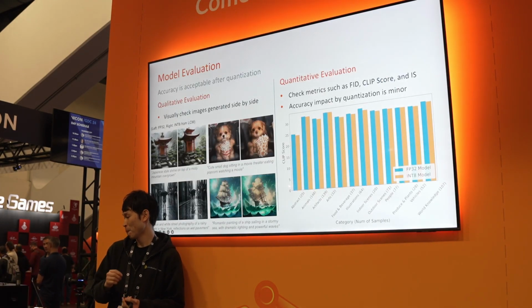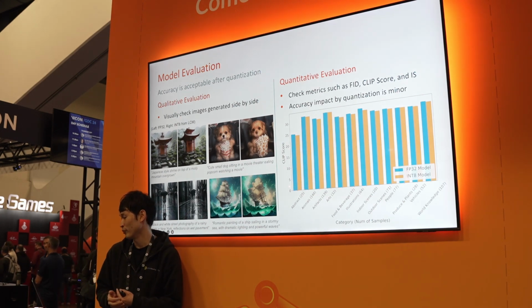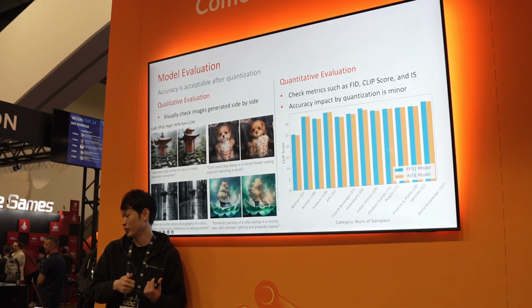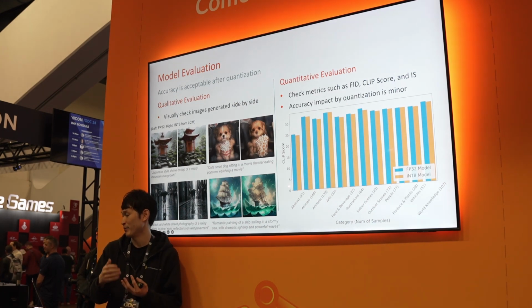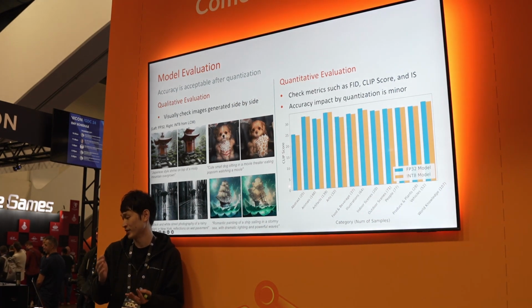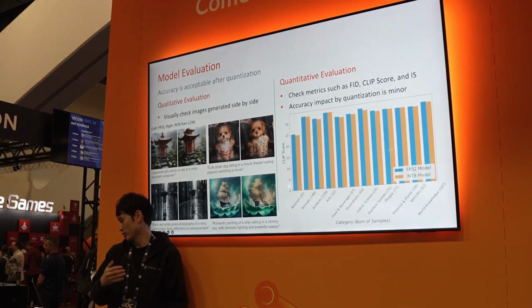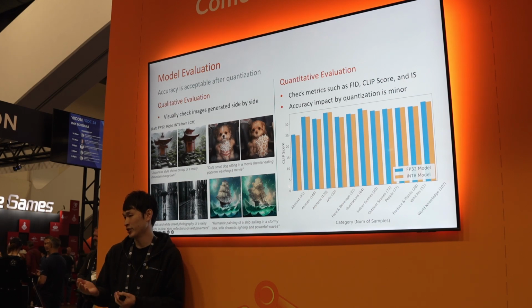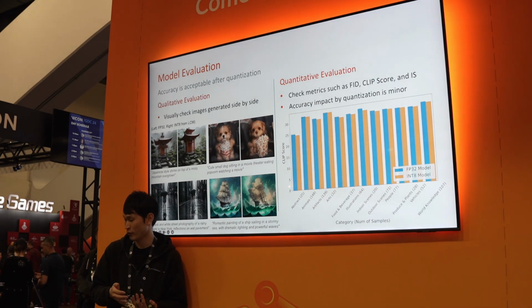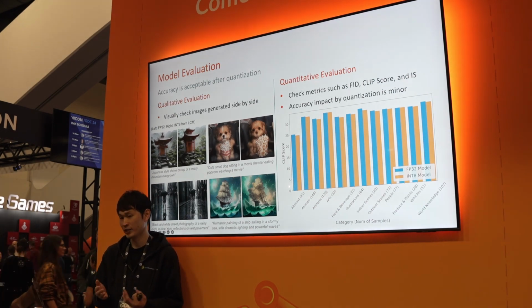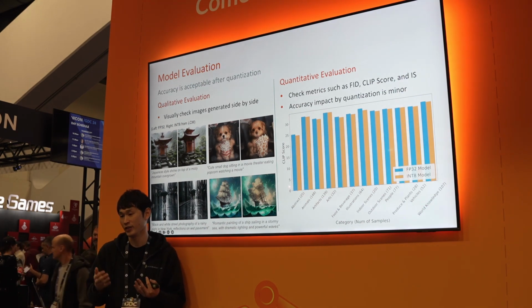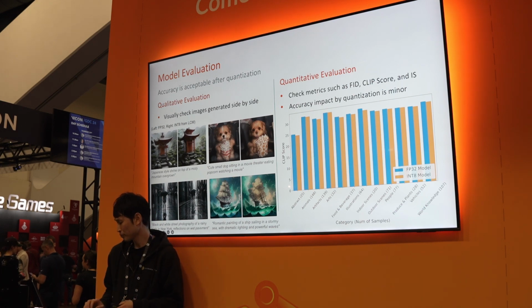After quantization, you can check the accuracy of the model qualitatively and quantitatively. Qualitatively, you can visually check images generated by the models side by side. Quantitatively, you can use metrics like FID, Frechet inception distance, CLIP score, and IS, inception score, which are commonly used metrics for evaluating image generation models.